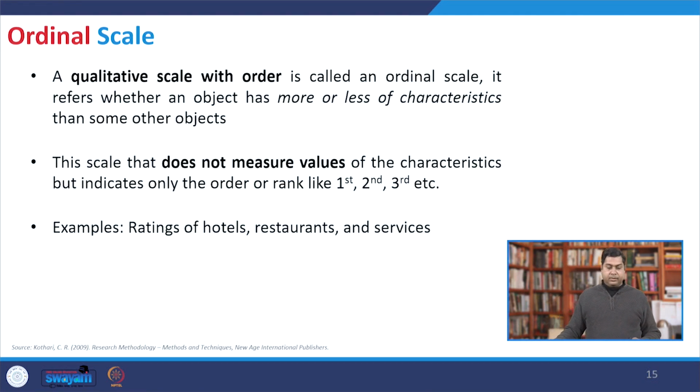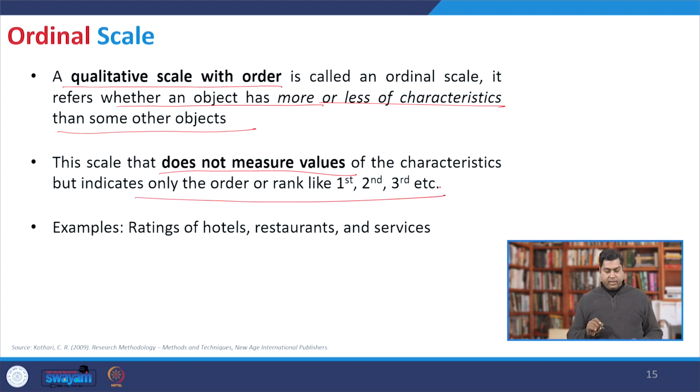Moving ahead, the ordinal scale is again a qualitative scale, with order, and it refers to whether an object has more or less of a characteristic than some other object. The scale does not measure the values, rather it only shows the rank order. For example, the rating of hotels, restaurants and services. I give you one example from an academic point of view, an evaluation exam.